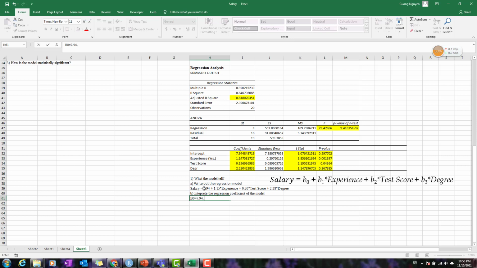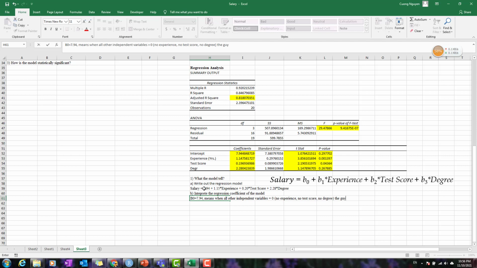What does it mean? This means when all other independent variables equal 0. Doesn't mean they don't have the experience, right? Here it does mean no experience, no test score, the test score is 0, and no degrees.